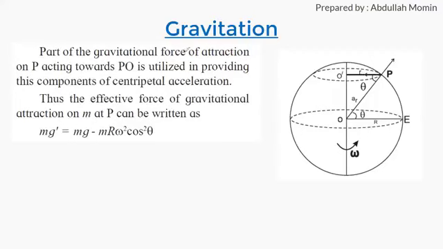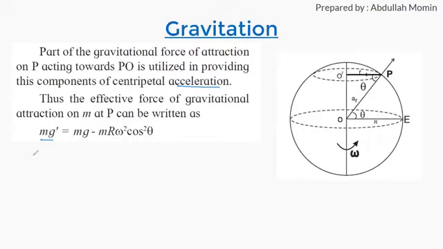Now part of the gravitational force of attraction on P acting towards PO is utilized in providing this component of centripetal acceleration. Thus, the effective force of gravitational attraction on m at P can be written as mg dash is equal to mg minus mR omega square cos square theta.